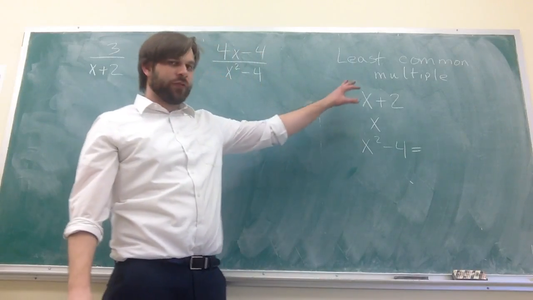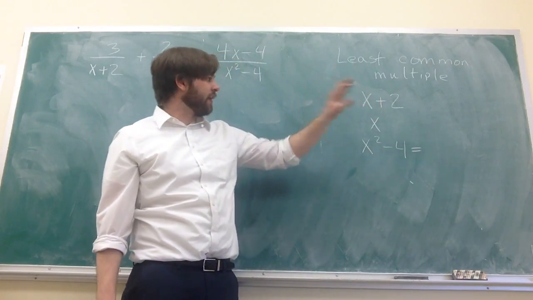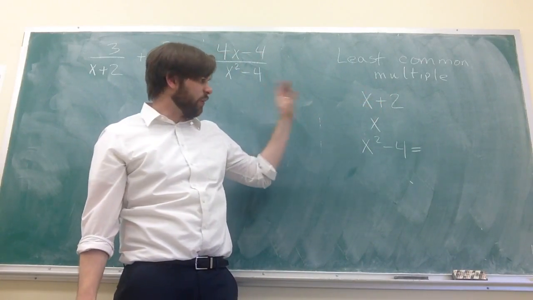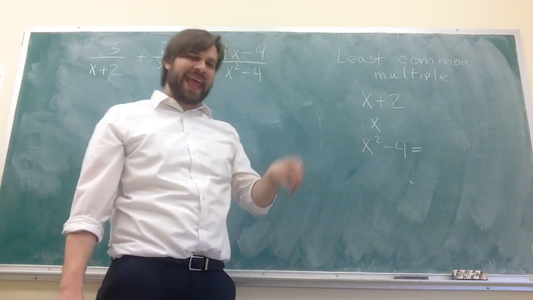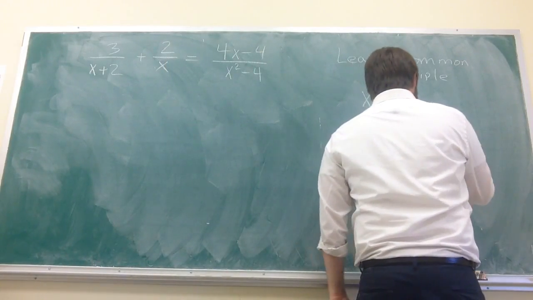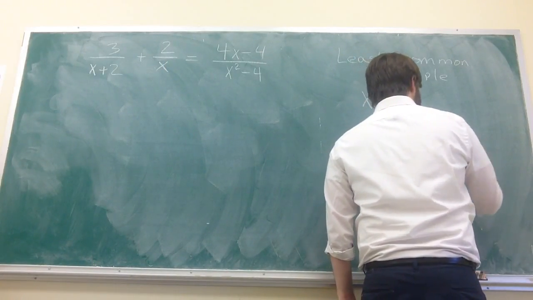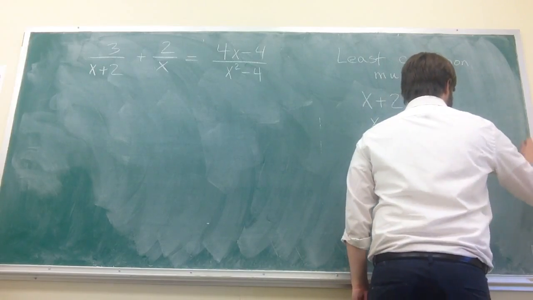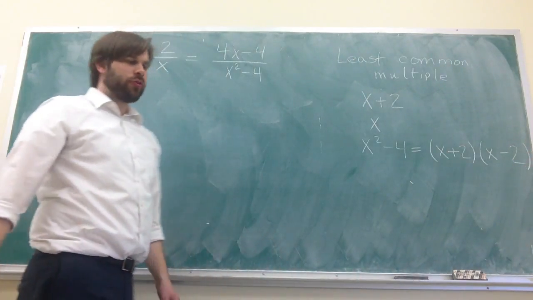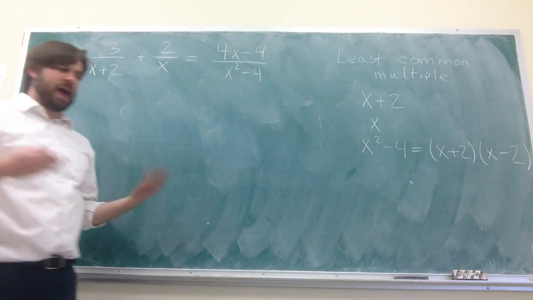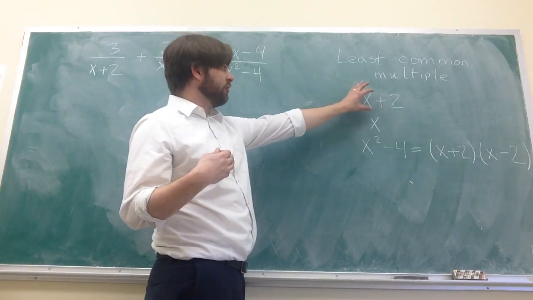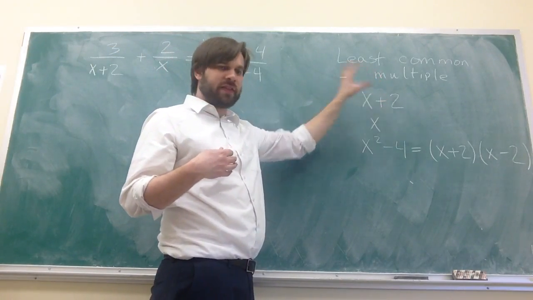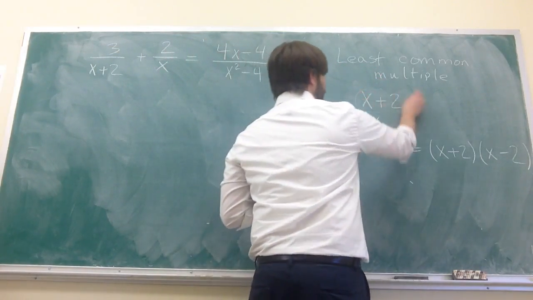Now, x plus 2 can't get broken down into any more factors. X can't get broken down into any more factors. X squared minus 4 can. This factors as x plus 2, x minus 2. Okay. So now we're going to look at that and take the highest power of each one of these different factors. So we're going to take x plus 2.